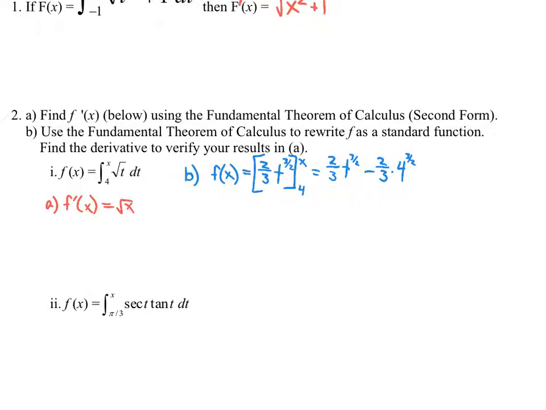Why wouldn't that be x? Oh, yeah, sorry, I forgot to plug it in. 2/3 x to the 3/2 minus 2/3 times 4 to the 3/2. As long as we recognize it's a constant, it doesn't matter, but we'll simplify anyway. What's 4 to the 3/2 power?